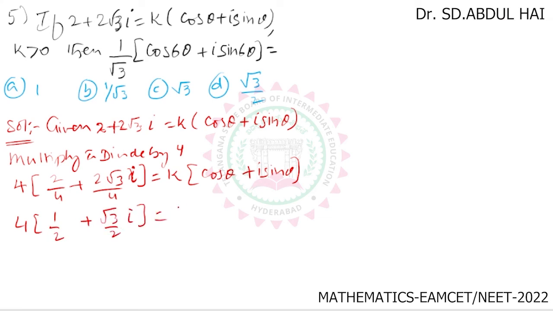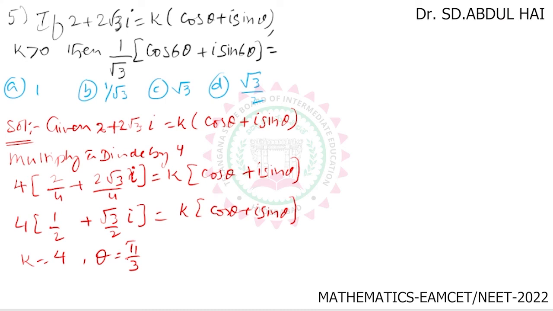If I compare both sides, I am getting k is equal to 4, cos theta is equal to 1 by 2, sin theta is equal to root 3 by 2, means theta is equal to pi by 3, that is sin 60 is root 3 by 2 and cos 60 is 1 by 2.